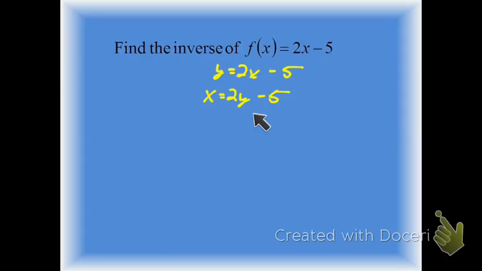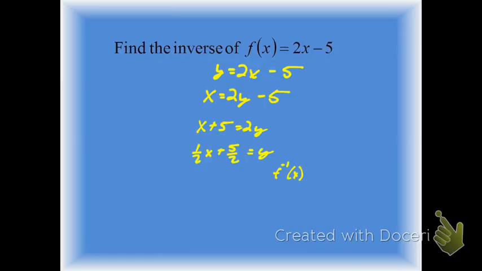After that it says solve for y, which could be multiple steps depending on how complicated the function is. This one has 2 steps: the first is add 5, and the second is divide by 2. Then the last step says rewrite in function notation. Since it is the inverse of f of x, we write f to the negative first of x.